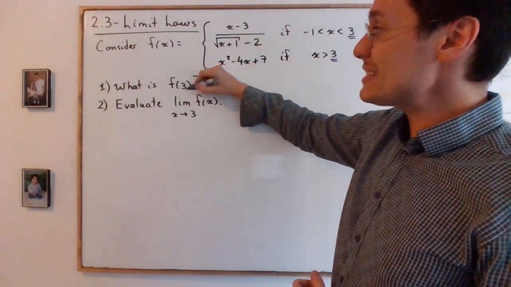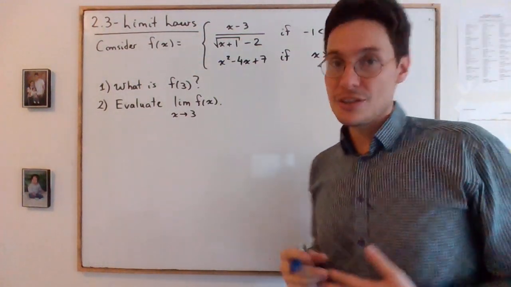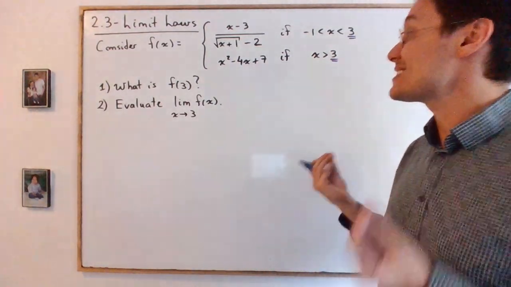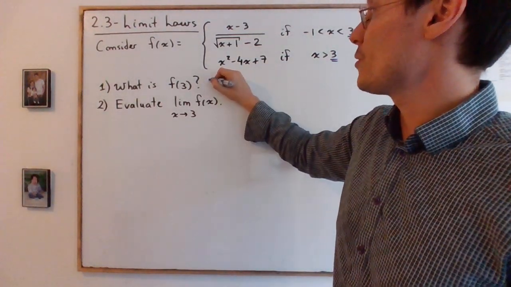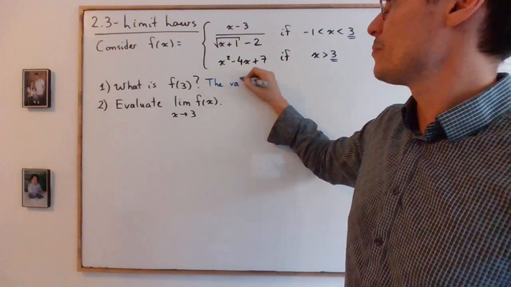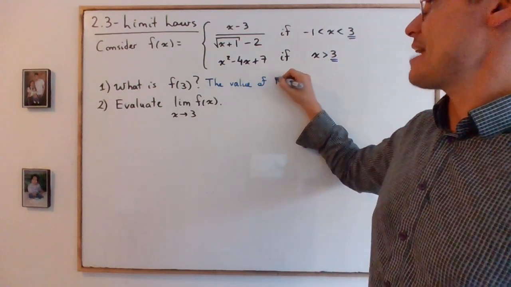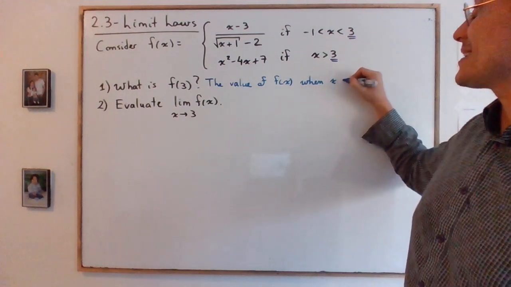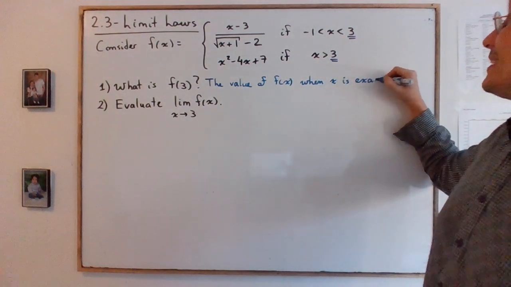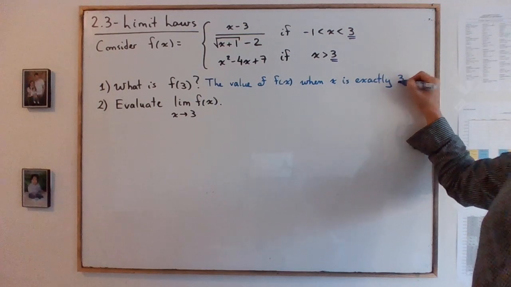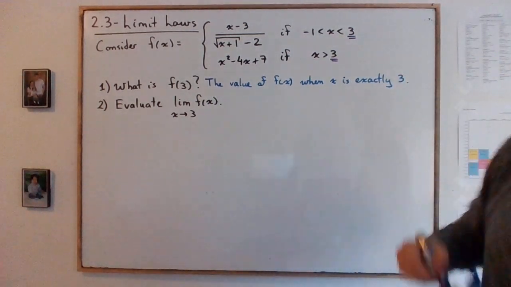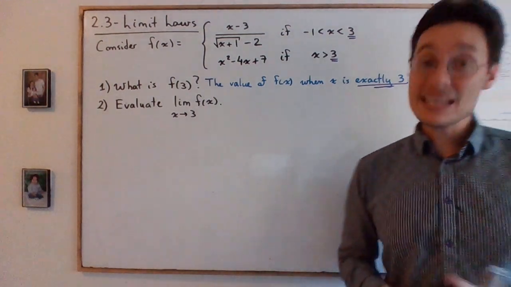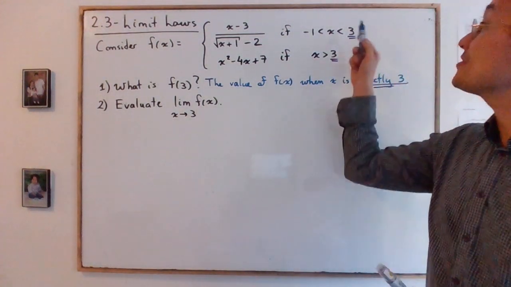What f of 3 means is the value that the function takes when x is exactly 3. So the value of f of x when x is exactly 3. And as you can see, it is undefined.